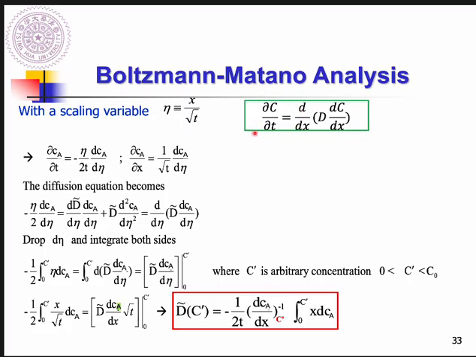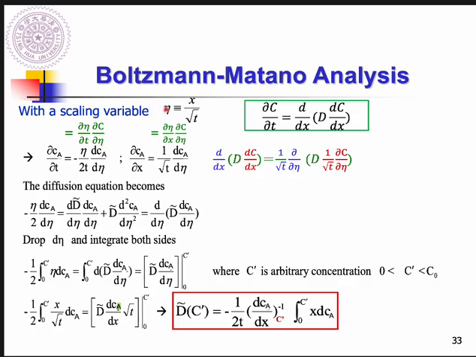So for the left-hand side, use the same chain rule. So you can get partial c partial t equals to here. And on your right-hand side, the easiest way is to copy here, but dx: if you take the derivative of this equation, dx divided by square root of t equals d iota.